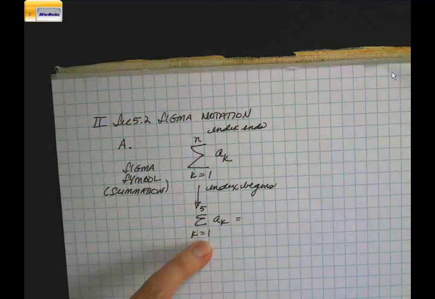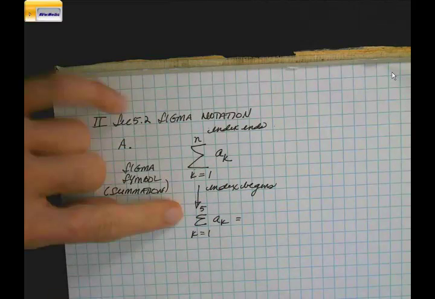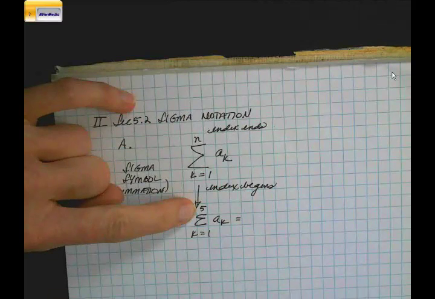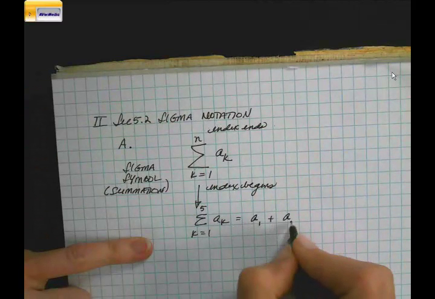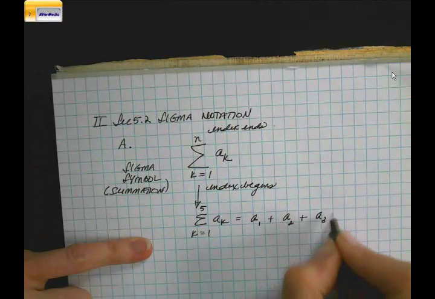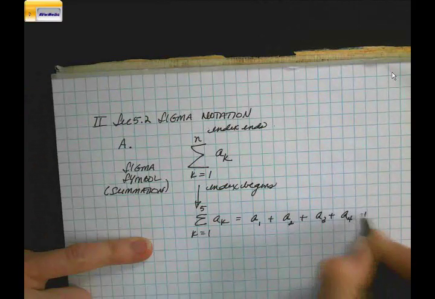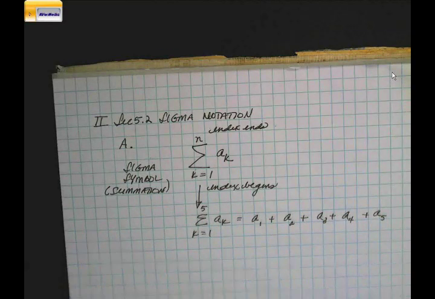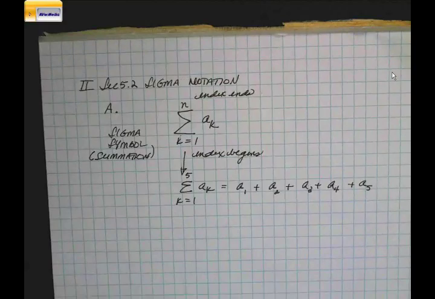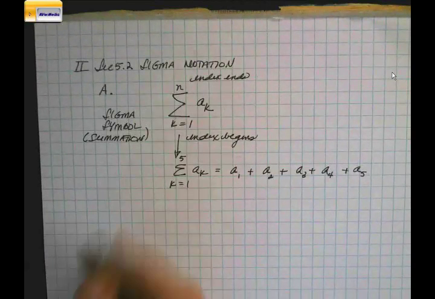And the sum is where you start with k being 1, then k is 2, then k is 3, then k is 4, and the last number k can be is 5. So then you have a where k is 1, plus a where k is 2, a where k is 3, a where k is 4, and a where k is 5. So you plug in, increments of 1, k is 1, k is 2, k is 3, k is 4, k is 5, and you add these terms or you sum these terms together.